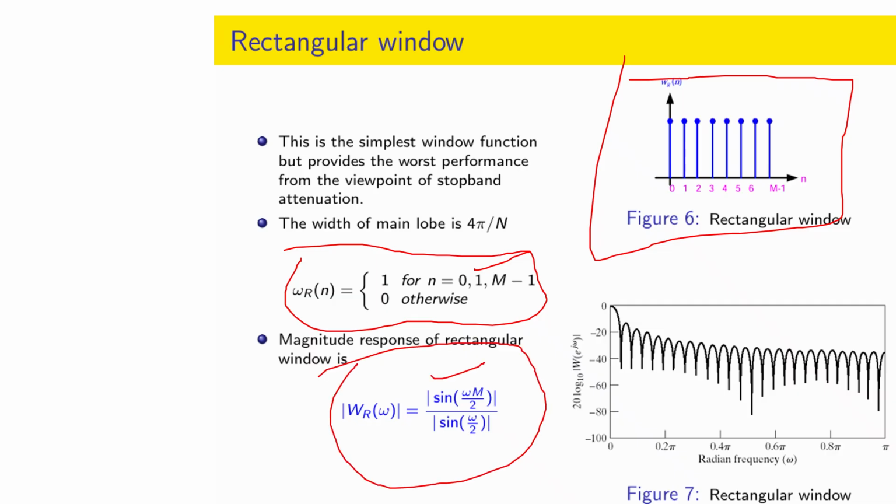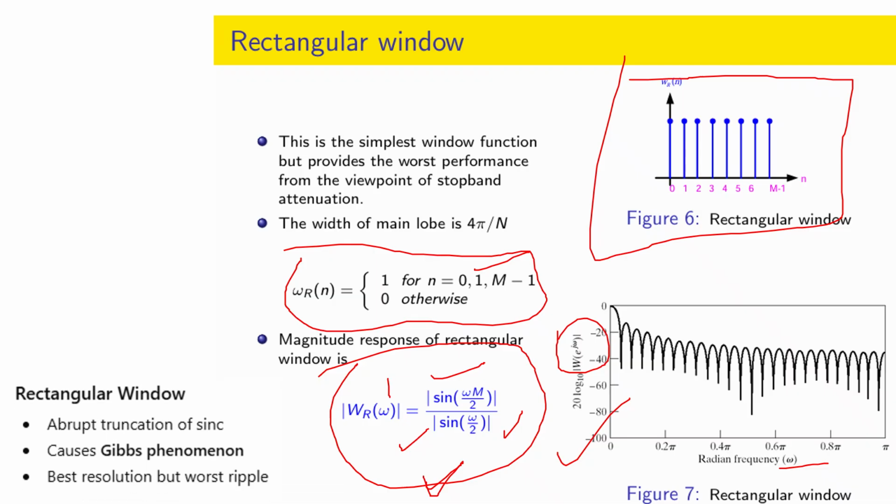Sin x by x, because the transfer function of your rectangular function is nothing but the sinc function. Here is the magnitude plot. So magnitude you can plot, that is 20 log of the rectangular W of e to the power j omega, that is this one with respect to the different frequency, right? So put the value of omega and get the output.